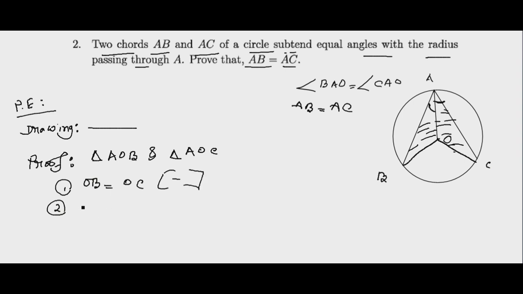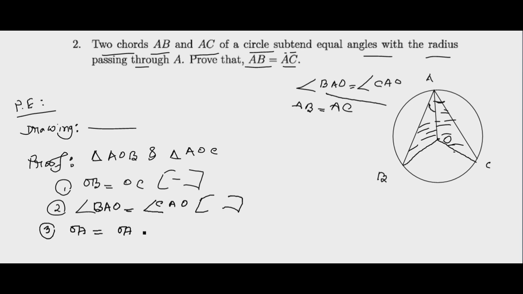Second, we have angle BAO is equal to angle CAO. This is because from our drawing. Third, we have OA is equal to OA, and OA is the common side of both triangles.